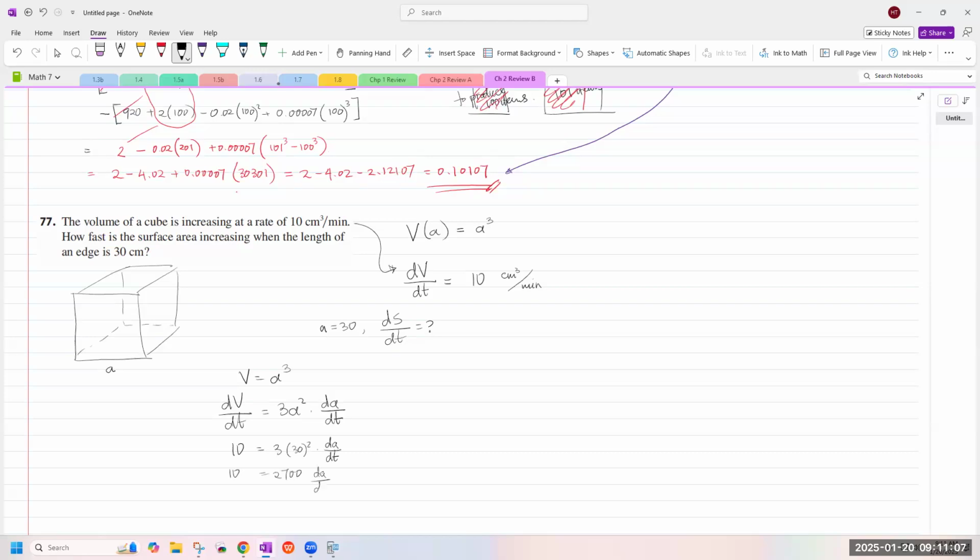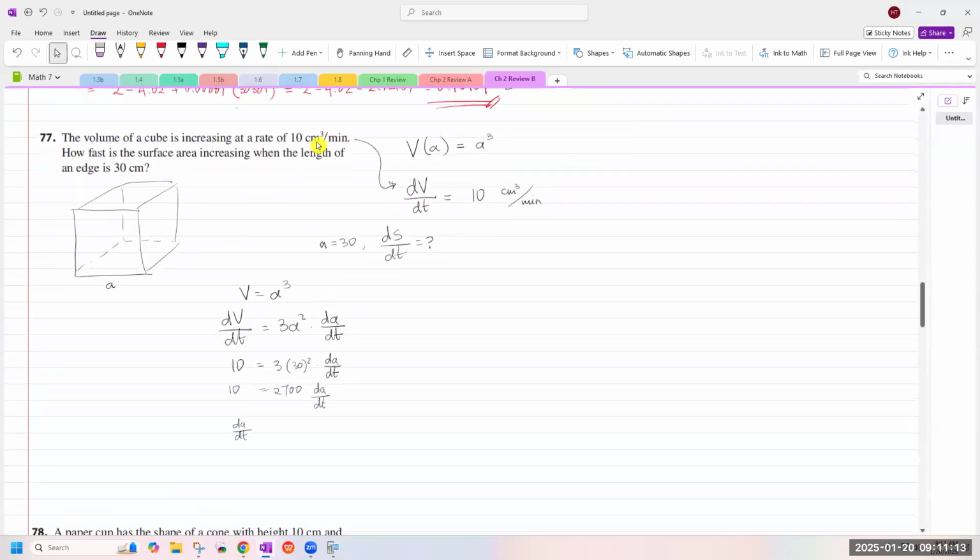So da/dt, I'm sorry, let me scroll up a little bit. da/dt will be 10 over 2,700, or simply 1 over 270. This should be centimeters per minute. That's the unit. Okay, now how about the surface area?